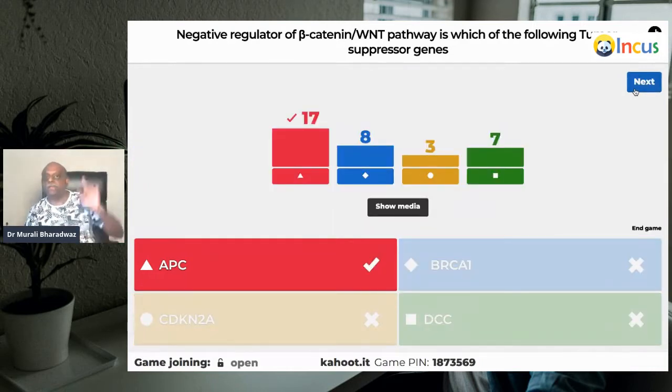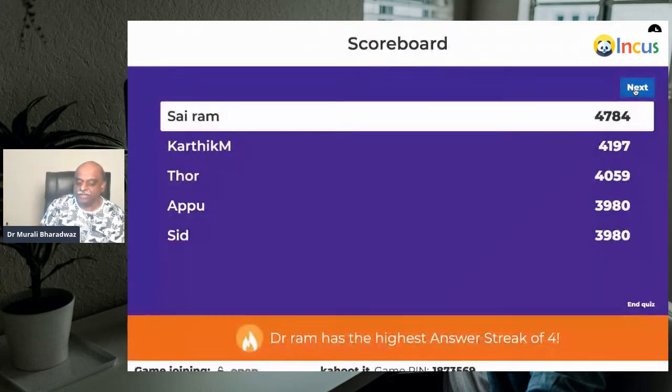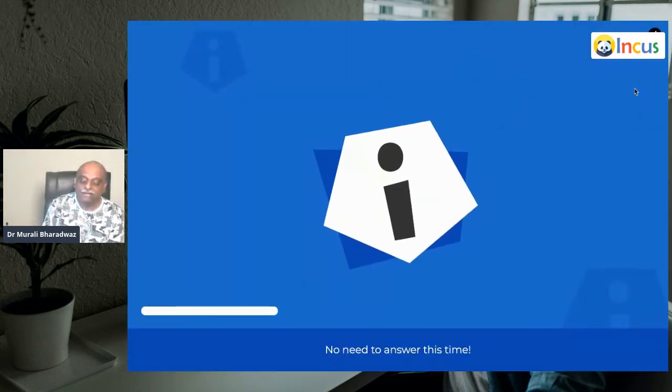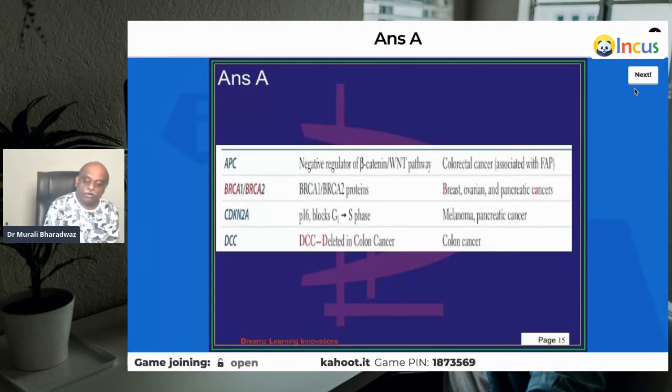Very good. 17 of you are right. It is the APC, is what you need to remember. Very good. That brings Dr. Ram into the position 5. So doctor, you have to be 100% sure. APC gene is associated with colorectal cancer, which is associated with familial adenomatous polyposis. It is a negative regulator of the beta-catenin and WNT pathway.